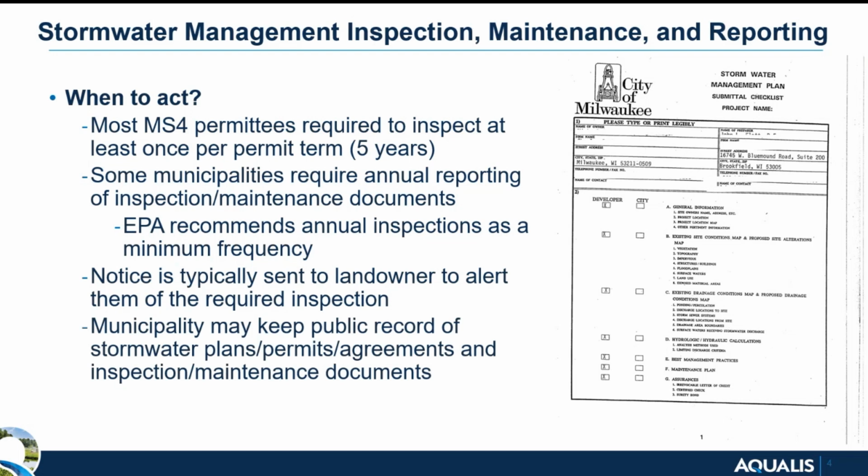Another way to alert a consultant or a landowner about when they need to act is that some municipalities will keep public records of the stormwater management plans, permits, or agreements that they have on file. Like we heard, it can sometimes be difficult to maintain those records once they've been originally created.